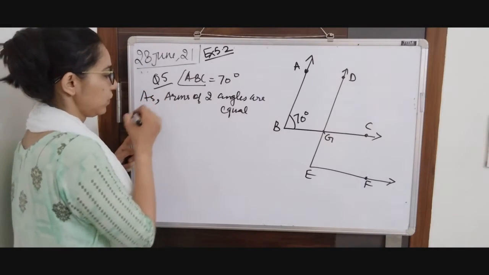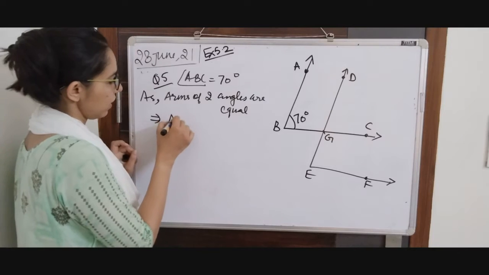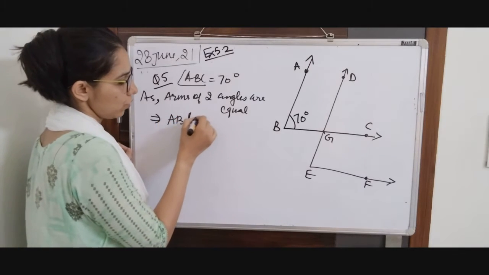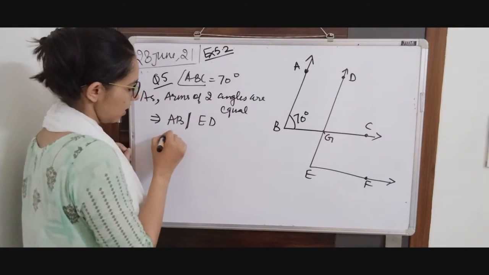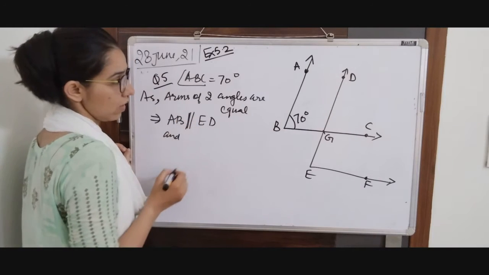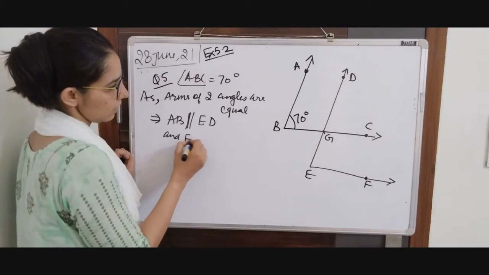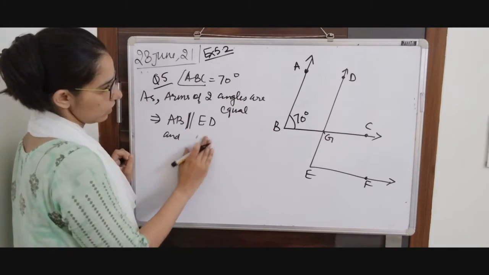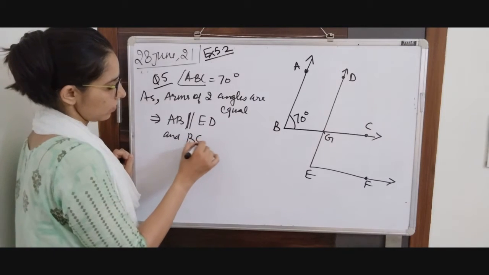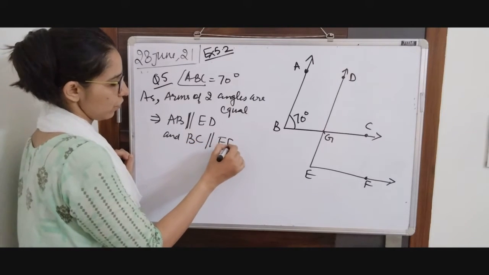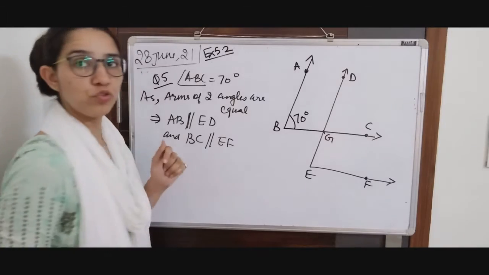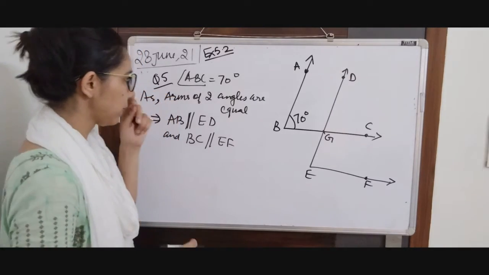This implies AB is parallel to ED and BC is parallel to EF. Now we are going to use these two pairs of parallel lines.